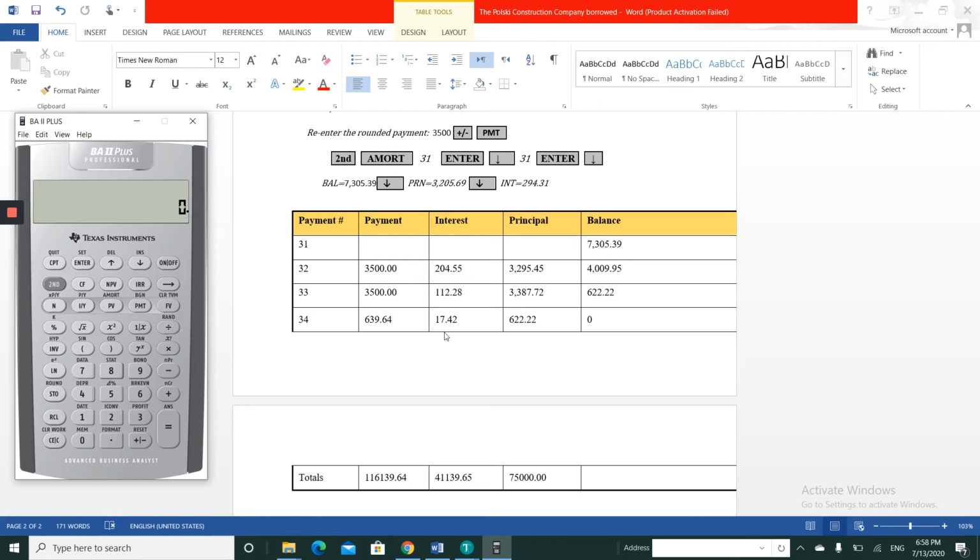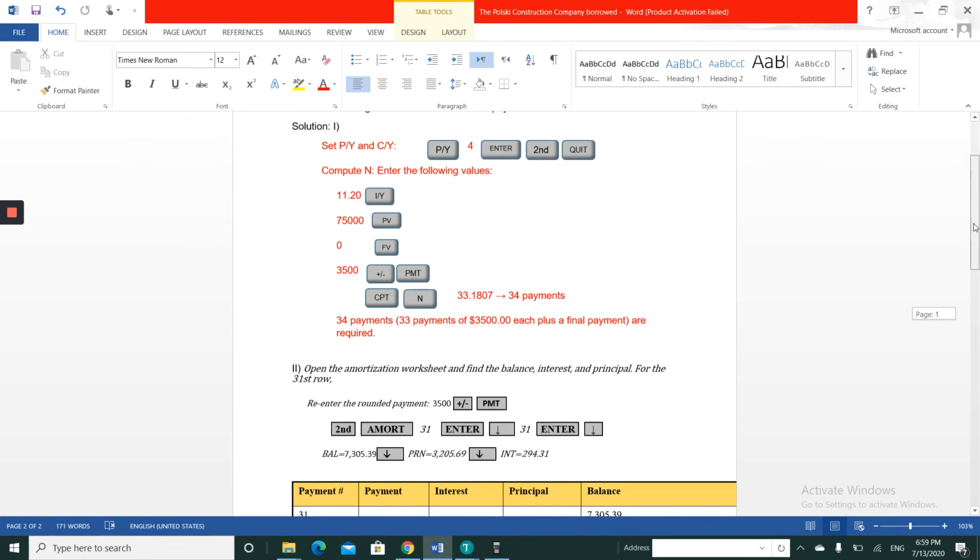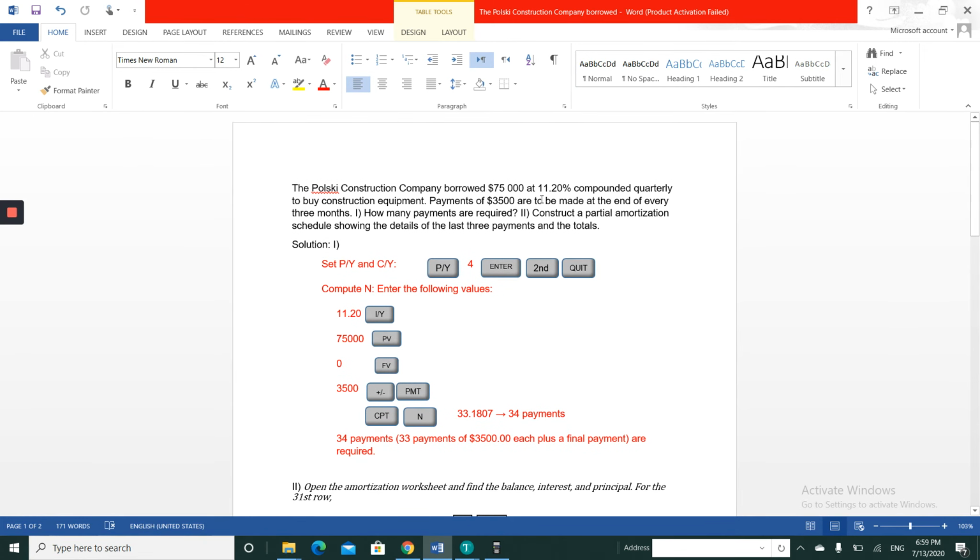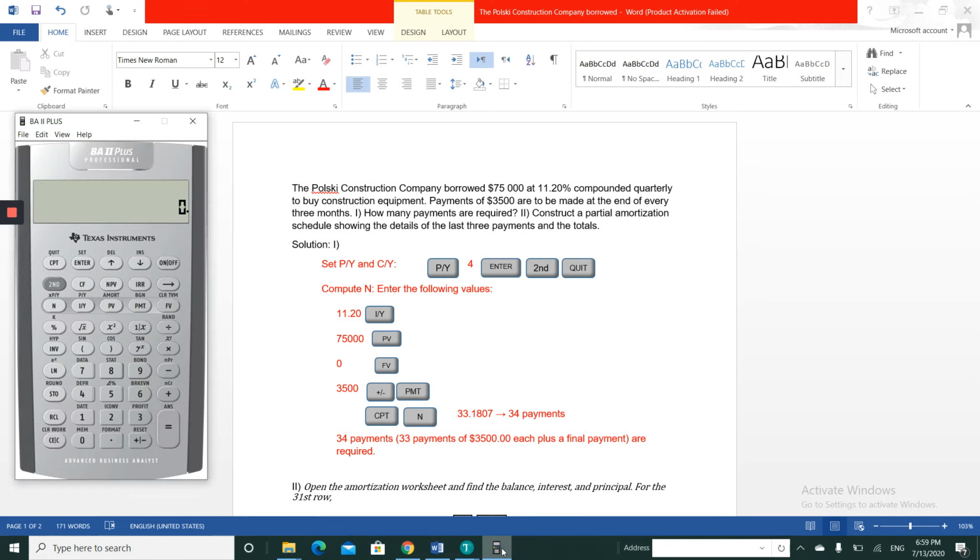So I need to calculate I. The given rate in the problem is 11.20, so 11.20 is J. It's in percent form. Just divide this number by 4 to get I, the periodic rate.